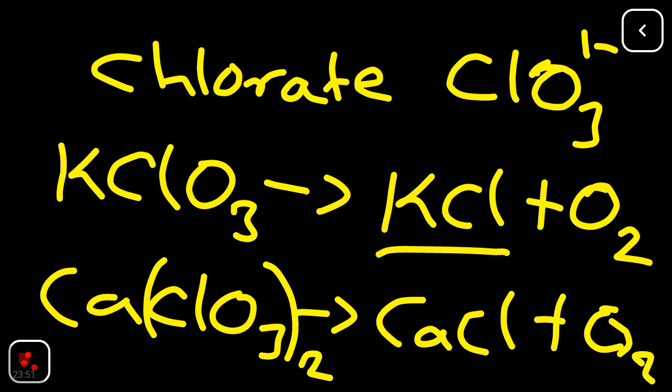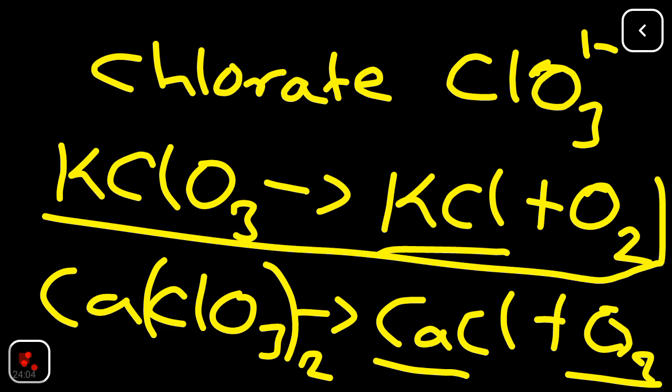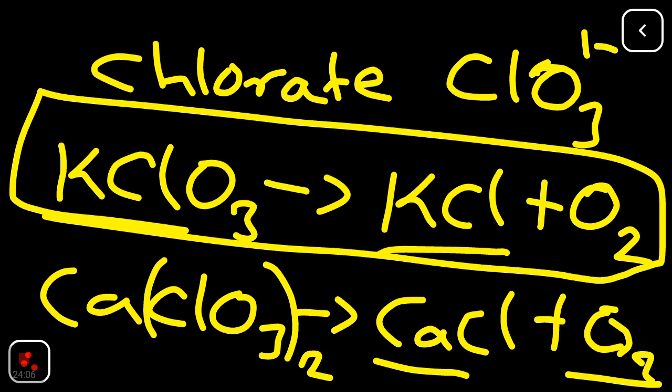So almost all of them, I say just all of them, decompose to give you metal chloride plus oxygen. Metal chloride plus oxygen is very important. It is also used in the production of oxygen. If you remember in your oxygen, metals and non-metals and their compounds, you see this equation in producing oxygen.